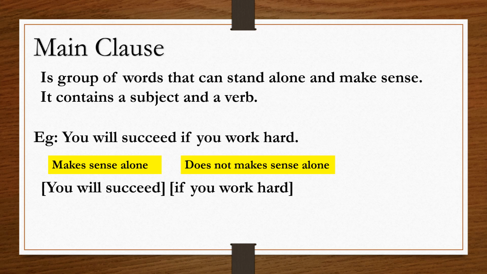The group of words "you will succeed" can stand alone and make sense, therefore, it is the main clause of the sentence. It also contains a subject, that is "you", and a verb, that is "will", in the sentence.